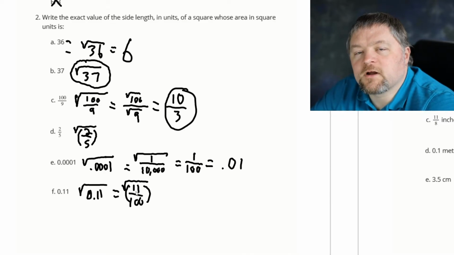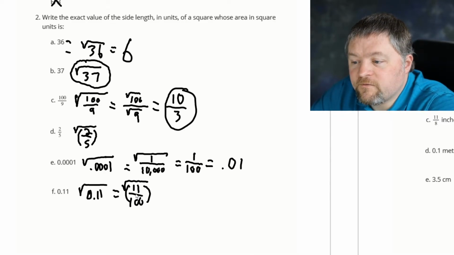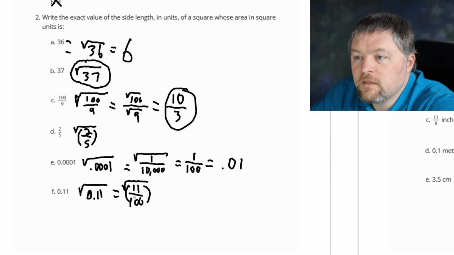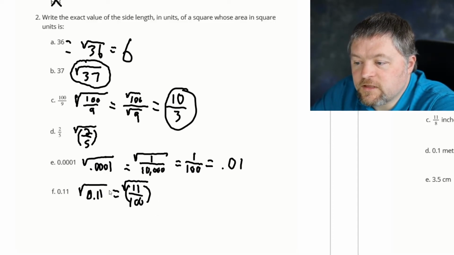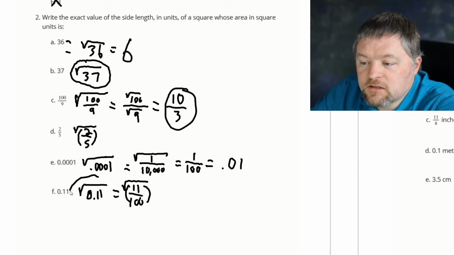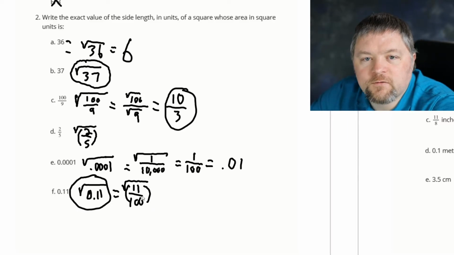This one doesn't work out so nicely. We do not have a nice exact value for this. So this one is just the square root of 11/100ths.